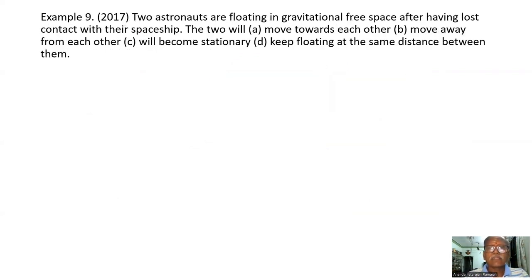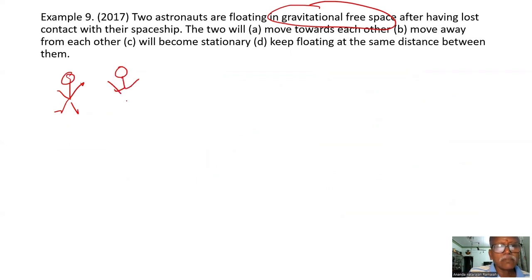Two astronauts are floating in gravitational free space after having lost contact with their spaceship. They are floating in the space.